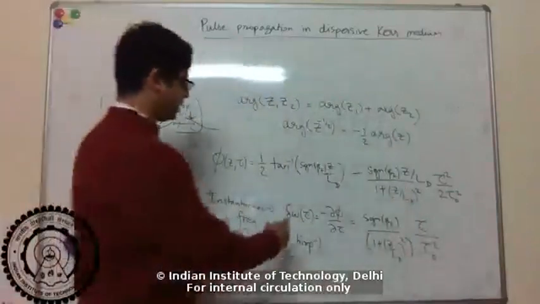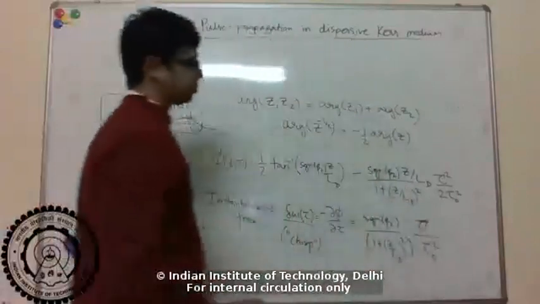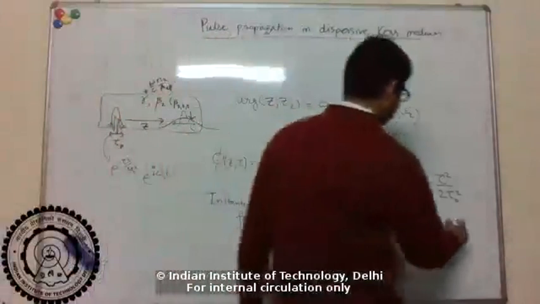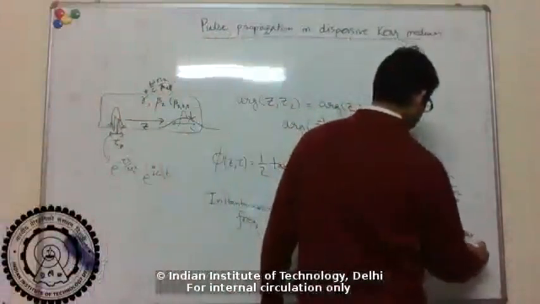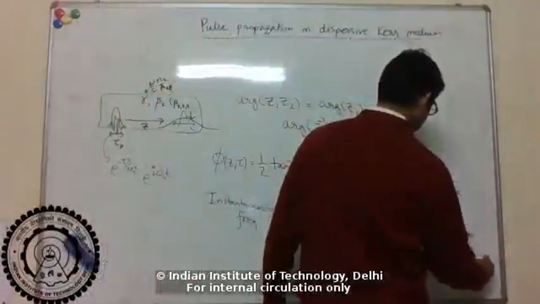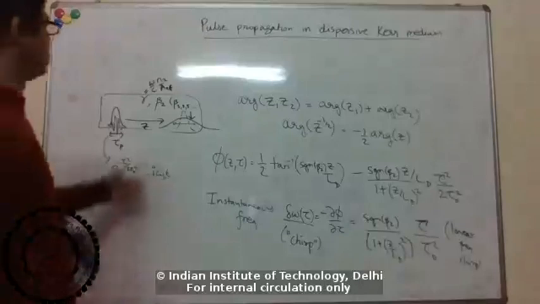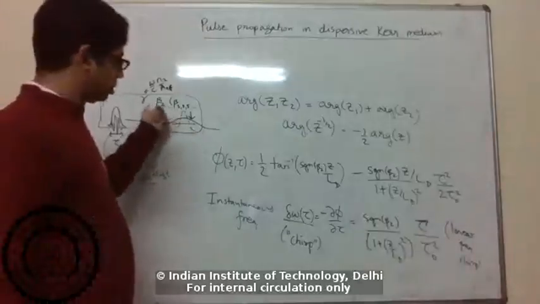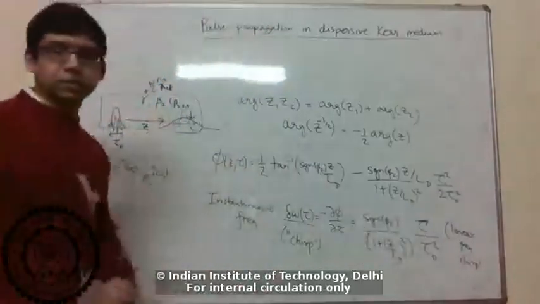So the instantaneous frequency is linearly proportional to time. So this is a linear curve. Basically, a medium with GVD imposes a linear frequency chirp onto my pulse.